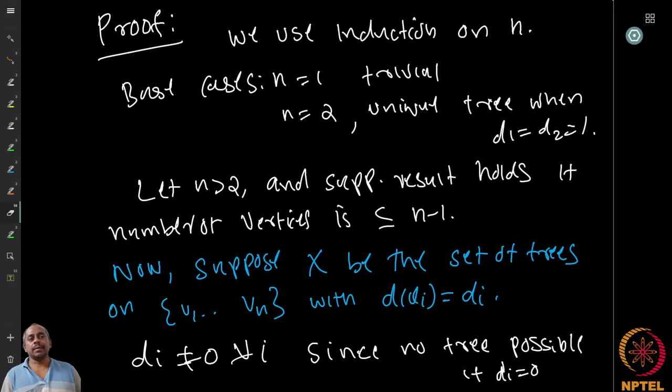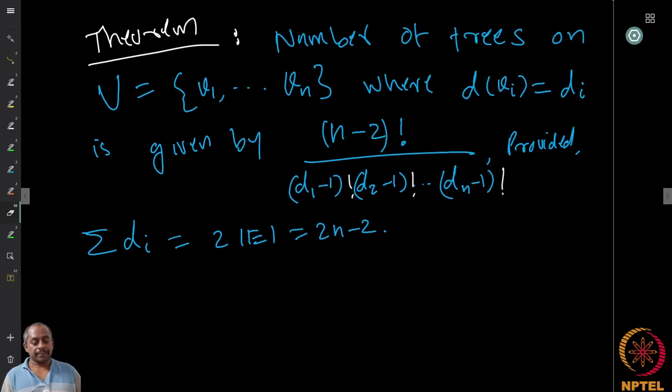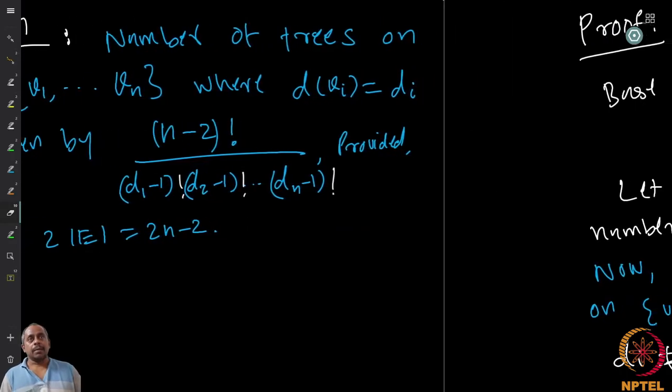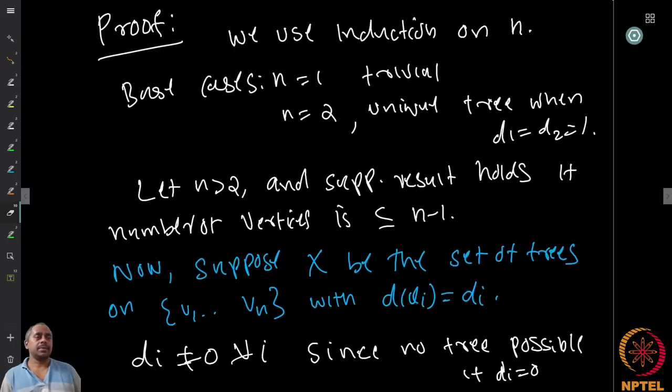So di cannot be 0, because the graph would be disconnected. So there is no tree possible. If di is 0, in this formula we will get (di minus 1) factorial, which becomes a problem in our definition, so it doesn't make sense. So we say that that is not possible. Therefore, di equal to 0 is ruled out.